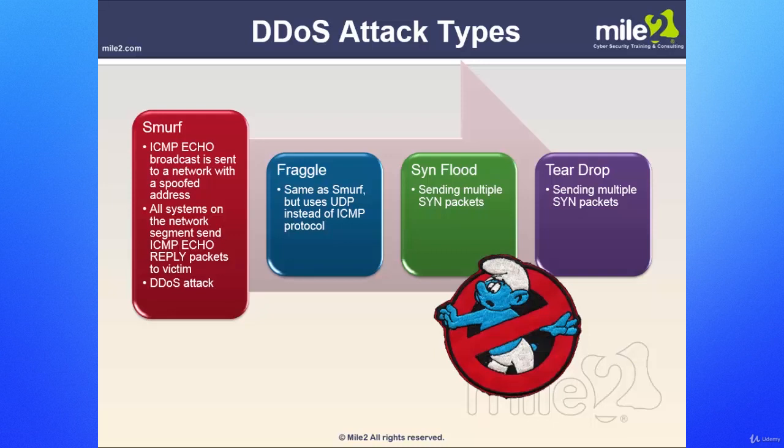Now, with that in mind, when we're talking about replying, just know that when it comes to a spoofed IP address, for instance, the server will not be able to actually complete the three-way handshake because it replies back to the spoofed IP address that we might be sending out.